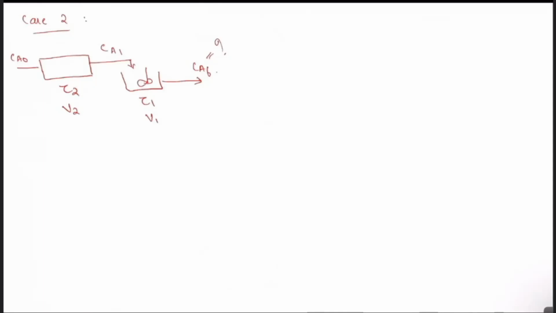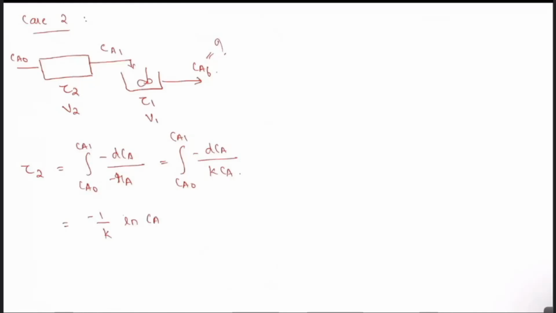So we write the design equation of PFR: tau 2 is equal to the integral of Ca0 to Ca1 of minus dCA by minus Ra, and that will be the integral from Ca0 to Ca1 of minus dCA by K Ca. So this is basically minus 1 by K ln Ca from Ca0 to Ca1, and we can write this as 1 by K ln Ca0 by Ca1.